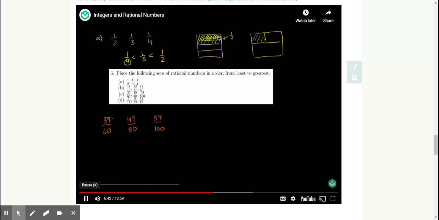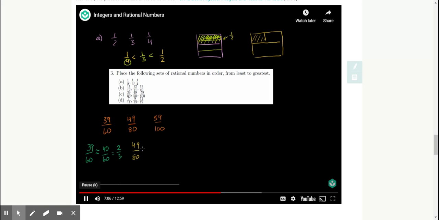So we can approximate it. And then we could say that this is a little bit less. So 39 over 60, I'll make those squiggly equal signs for almost. It's approximately 40 over 60, which is equal to 2/3. So this is almost 2/3, a little bit less than 2/3. This right here, 49 over 80.